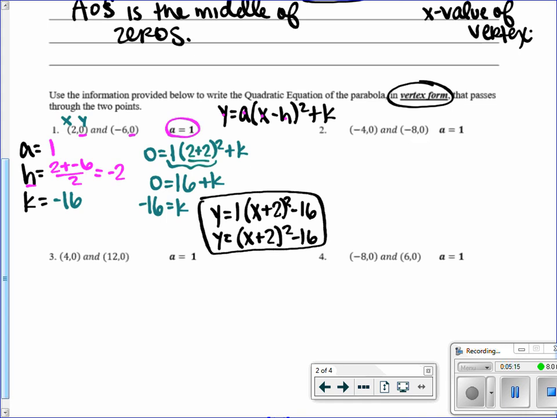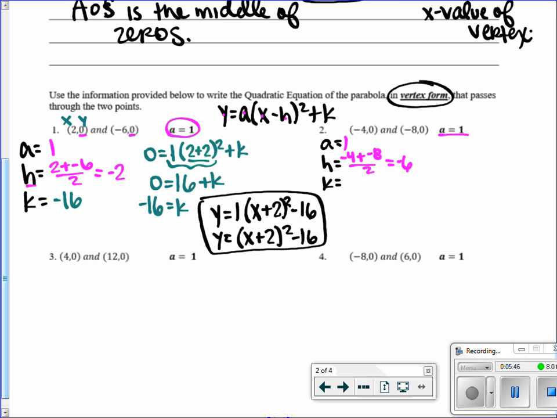Okay. We're going to look at number 2. On that problem, we're going to do the exact same thing. We need a, h, and k. We're given a. We can find h by adding these together and then dividing by 2. So our h value is -6. And then using those to solve for k.